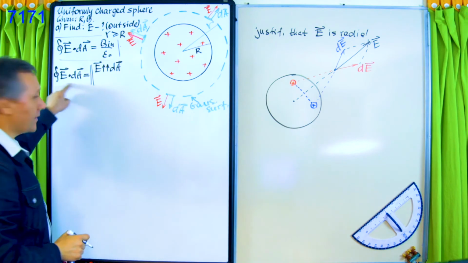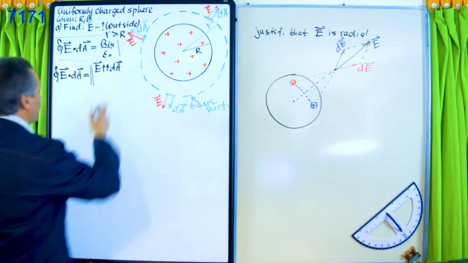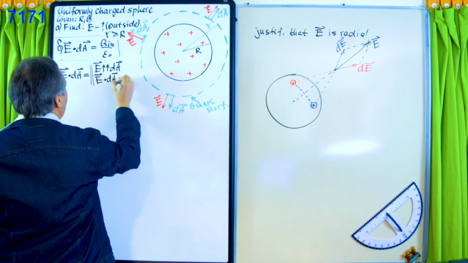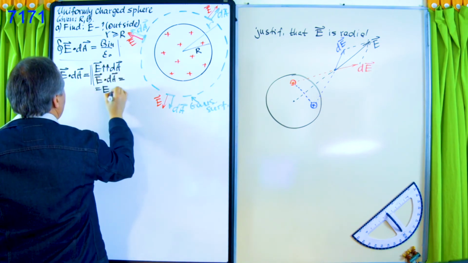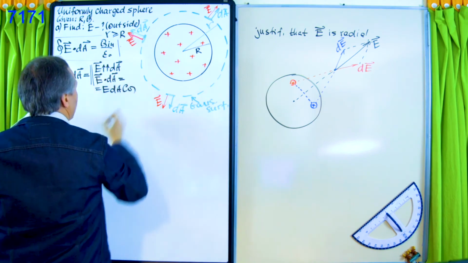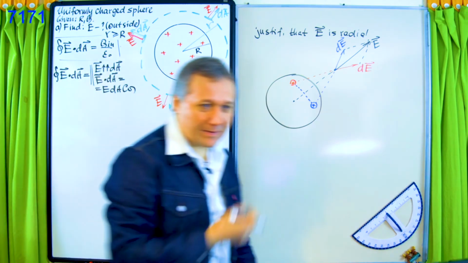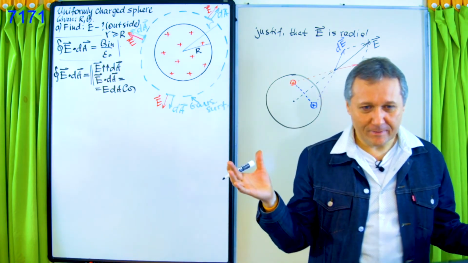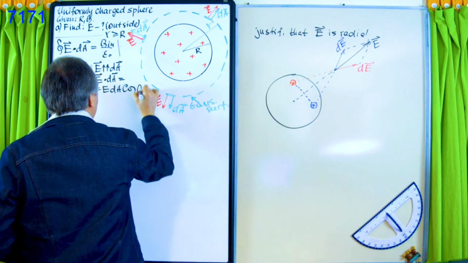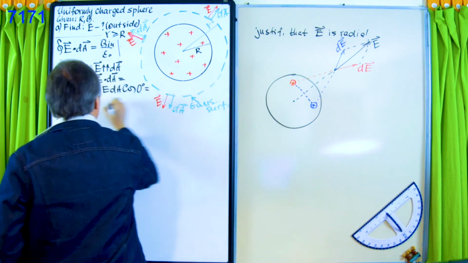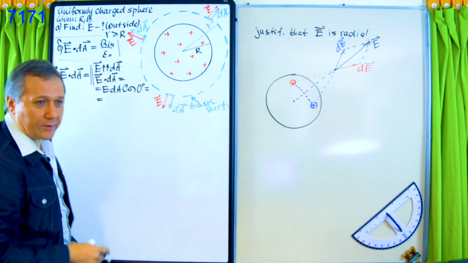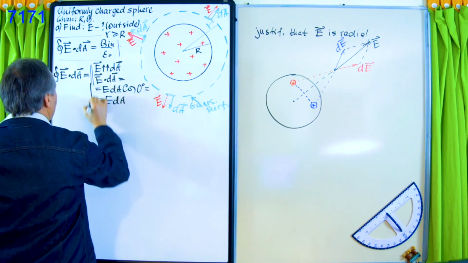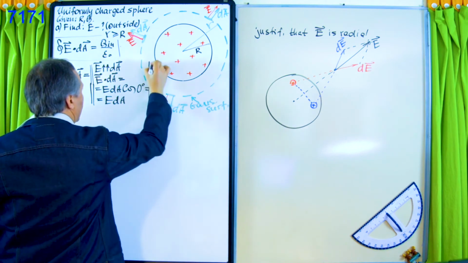As a result, I can write this dot product explicitly. E dot dA, I can write as E dA times cosine. Cosine of which angle? Two parallel vectors, so the angle between them is 0 degrees. Cosine of 0 degrees is 1. And what's left? E dA. So that's my explanation box, right?